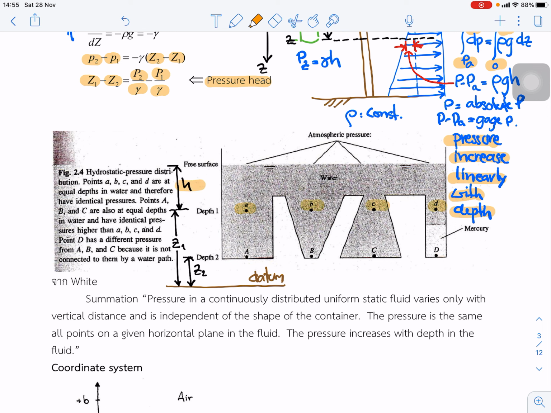The depth is h of water, and the top of the water is at atmospheric pressure. We can say that the pressure at point A is equal to the pressure at point B, equal to the pressure at point C, because of the same depth, equal to rho gh. Okay.